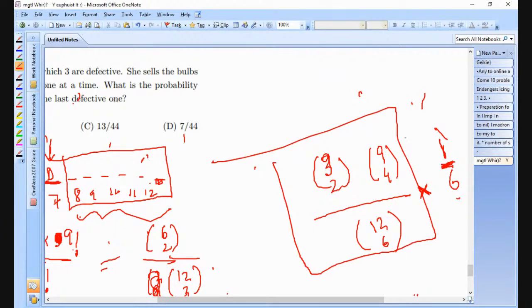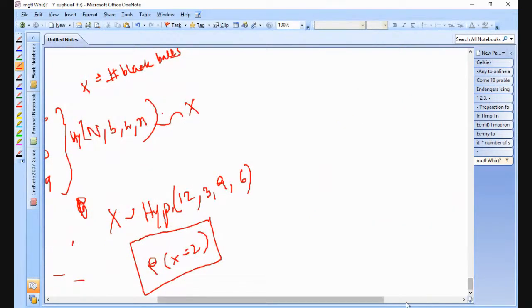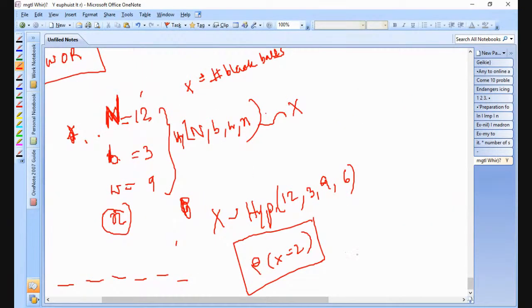And after this, we need to multiply it by 1 by 6. Can this be done by hypergeometric? Yes, it can be done by hypergeometric actually. Then X will change. X dash will be hypergeometric, and for X dash, n will be equal to 1 then.